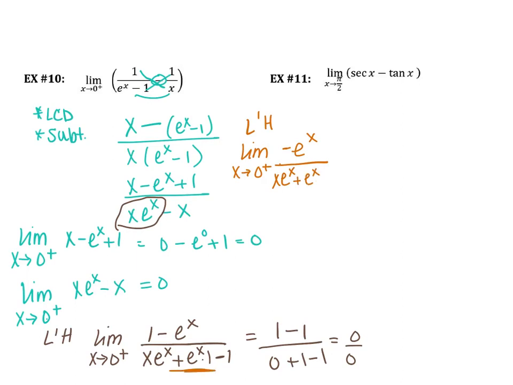And then we have plus the derivative here is going to be e to the x. All right, now let's go through and see if we can do our limit. So substituting in here, we have negative e to the 0 over 0 plus e to the 0 plus e to the 0. And so that's going to give me negative 1 over 1 plus 1, which is 2. So that limit looks like we've ended up with negative 1/2.